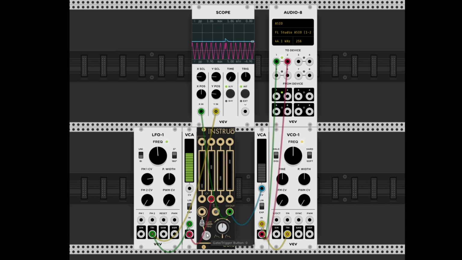I get little differences in the envelope shape, in the decay time. It depends on whether the LFO has its low or negative or its positive half wave, and where in the negative and positive half wave the LFO is when the envelope starts.